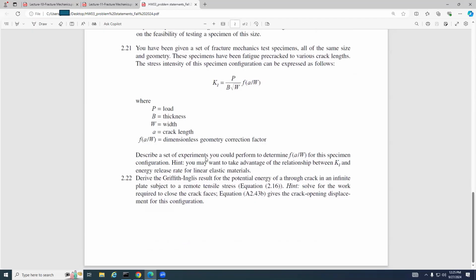So 2.22: derive the Griffith energy result for the potential energy of a through crack in an infinite plate subject to a remote tension. So there are hints. Solve for the work required to close the crack face.